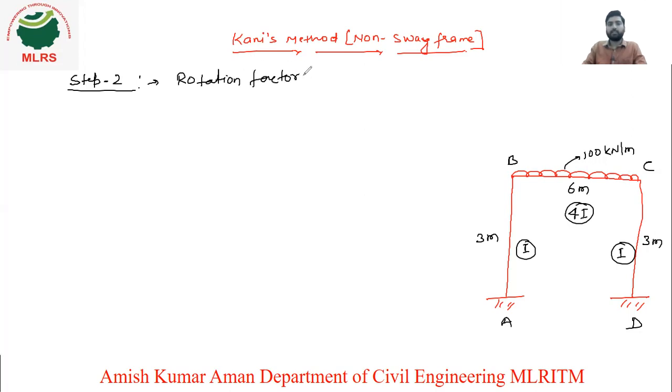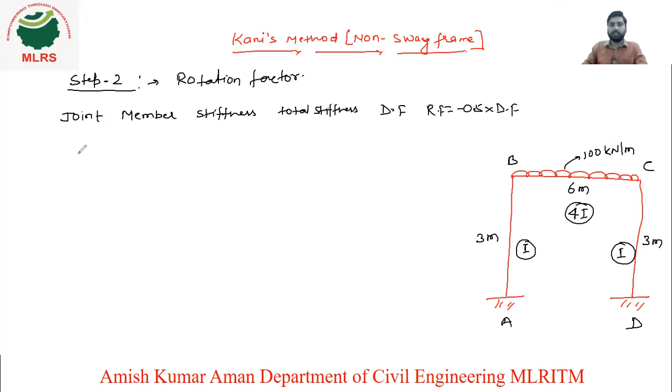For this we will write joint, member, then the stiffness, then summation of stiffness, meaning total stiffness, then distribution factor, and then rotation factor, which is equal to minus 0.5 times the distribution factor.